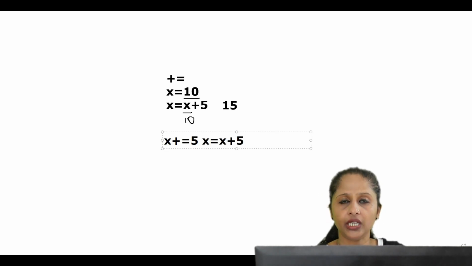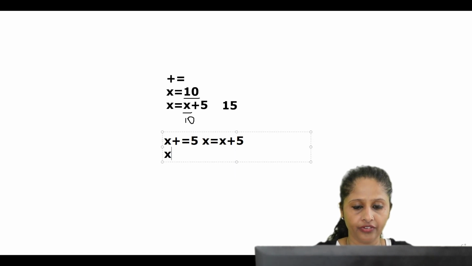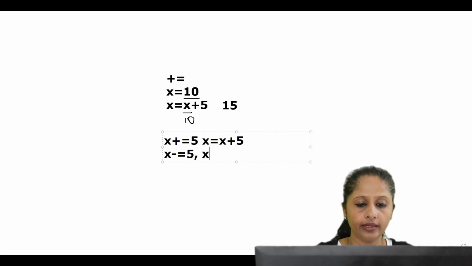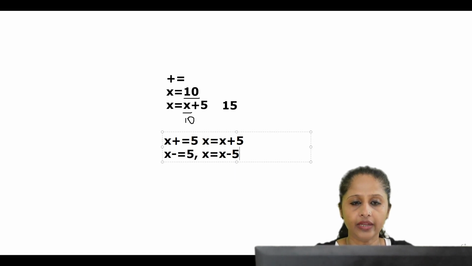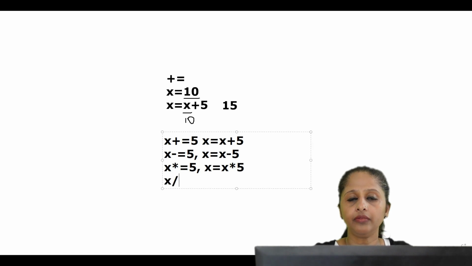For subtraction, that is x minus equal to 5, which is x is equal to x minus 5. In the same way, x multiplication symbol and equal to 5 means x equal to x into 5. Then we have the other operators also. Let's see.